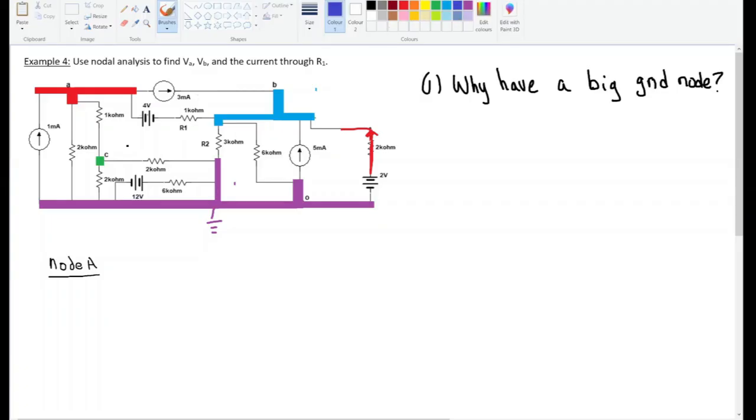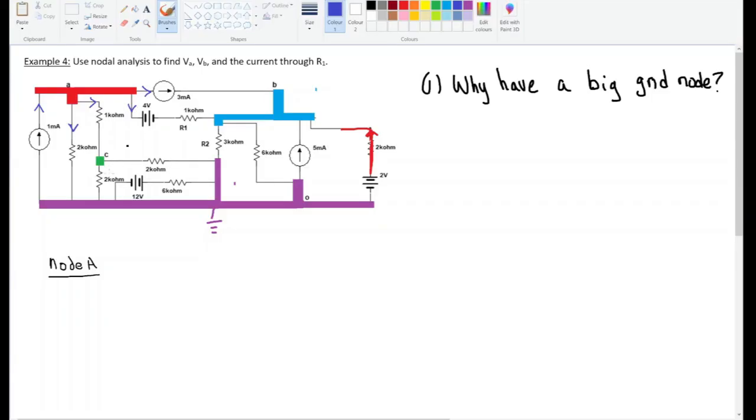Later on, we'll see if our assumptions are incorrect or not, but it doesn't change the answer. I know it's a lot of confusing stuff to throw at you right away, but just trust the process at this point. Okay, so we're going to say the current is going up from the ground into A over here. And I'm just going to say that the current is leaving the node here and here.